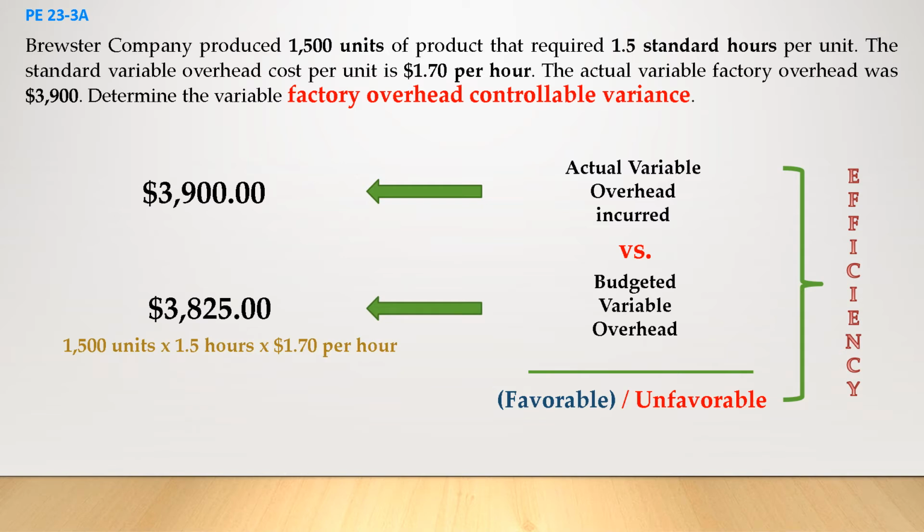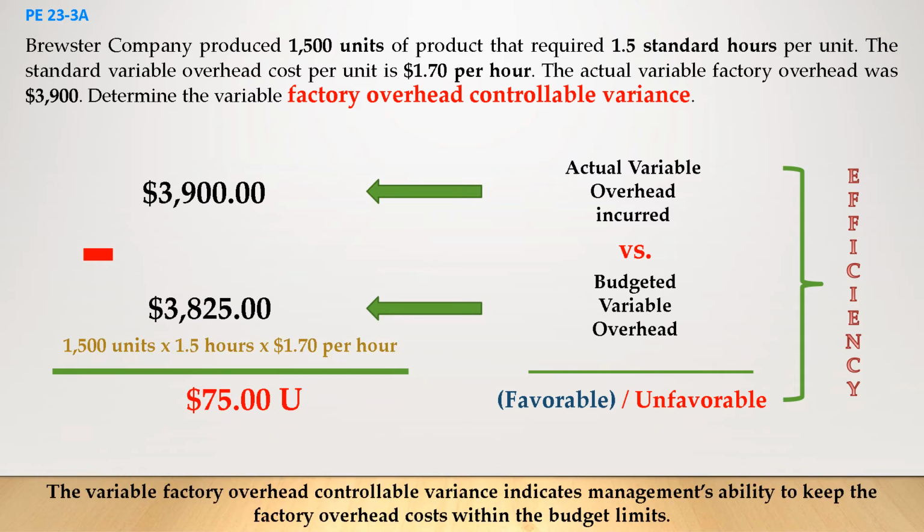What is the result? Is it favorable or unfavorable? The result is unfavorable by $75. The variable factory overhead controllable variance indicates management's ability to keep the factory overhead costs within the budget limits.